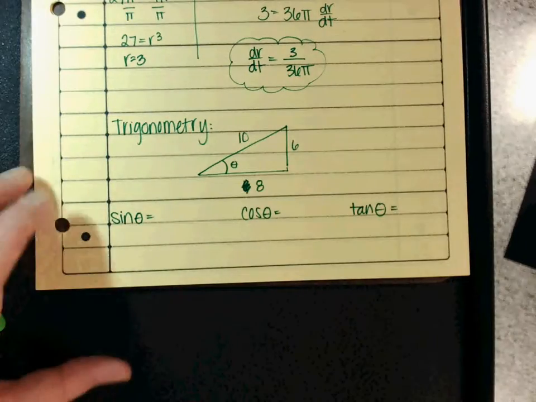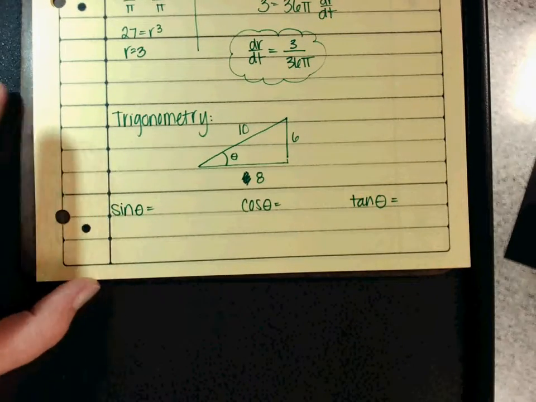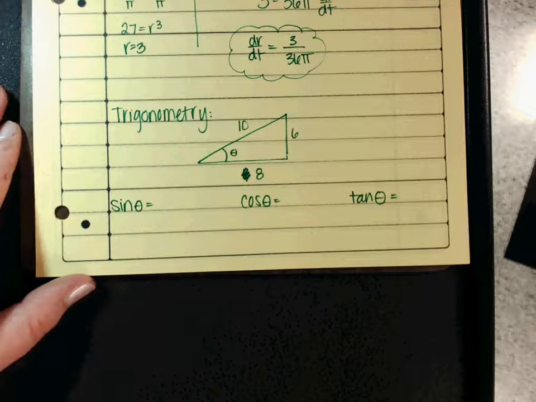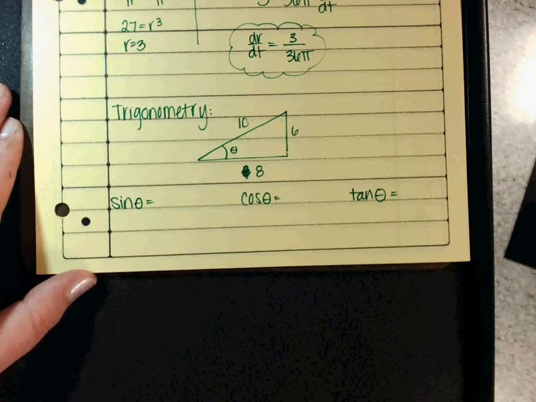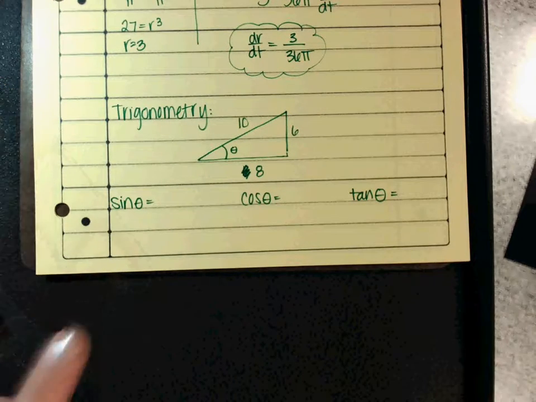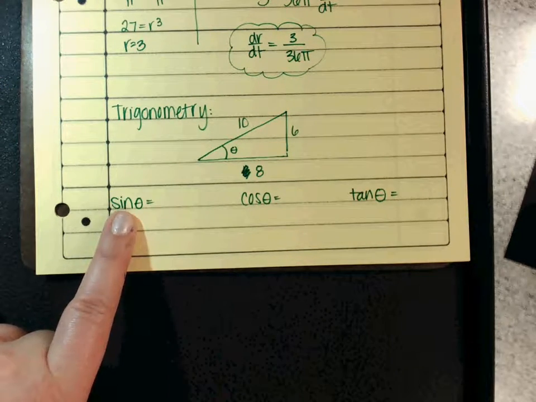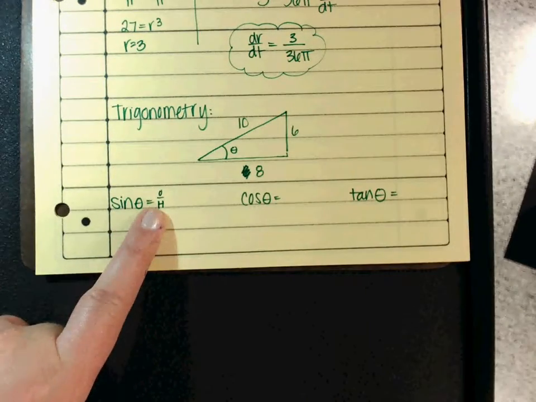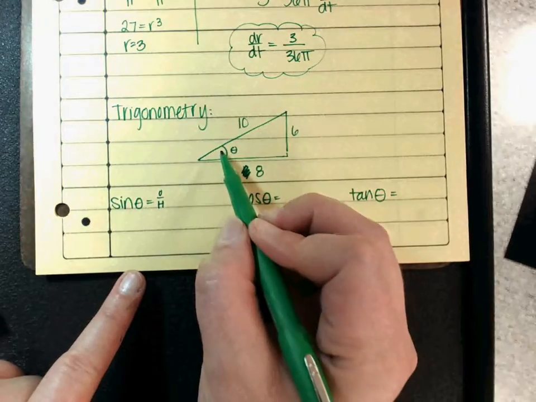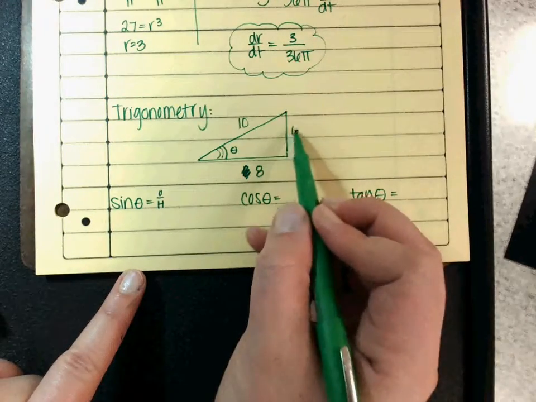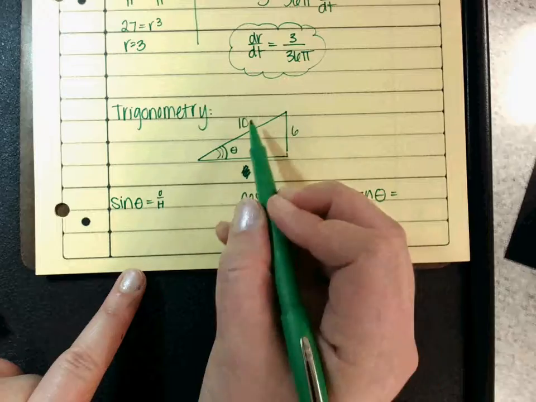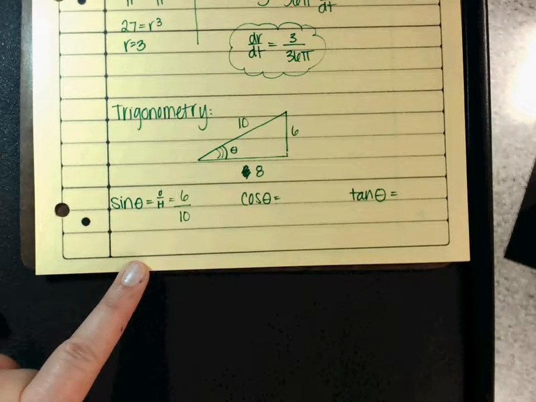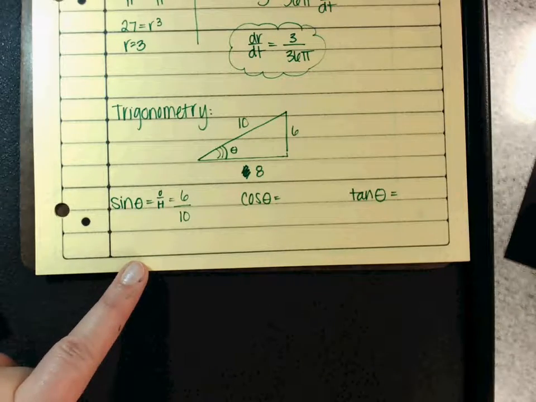Okay, just before we kind of get into it, you should remember SOHCAHTOA. So remember that the angle of the triangle is related to the sides. You would have to do a ratio. So if it's sine, which sides are those? Opposite over hypotenuse. So what is the side opposite to my theta if it's in this corner? 6, and then what's my hypotenuse? 10. So it'd be 6 over 10. Okay, so that's CAH.